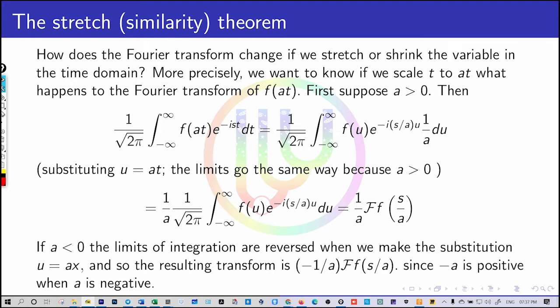Now we have another theorem called the stretch theorem. What does stretch mean?